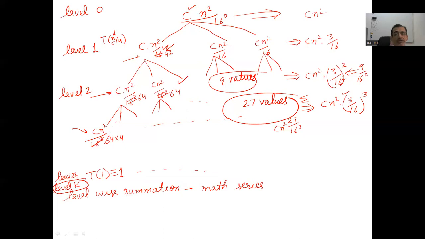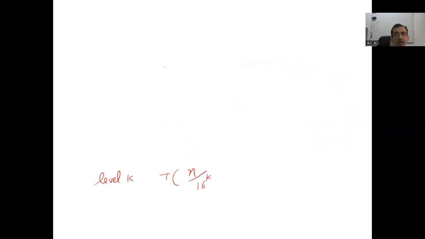Let me quickly redraw it, because now it will be easy. Initially it was Cn squared. Then we had T of n by 4. T of n by 4 will mean that I am going to replace it with 3 calls to T of n by 4, where n becomes n by 4.